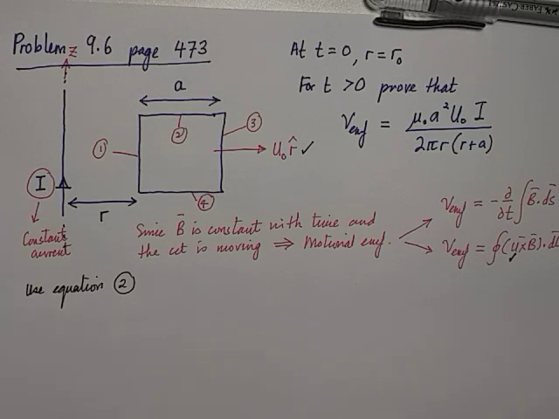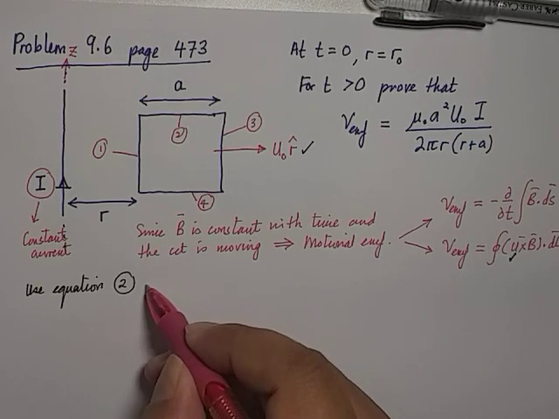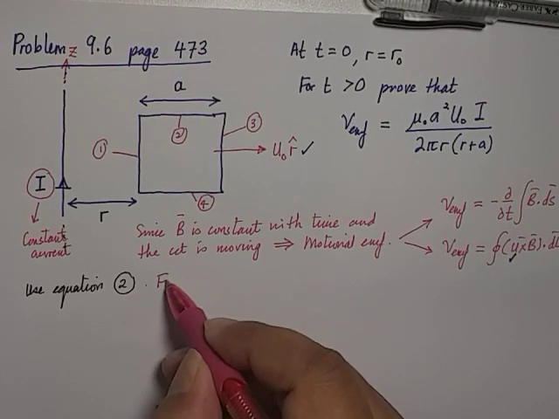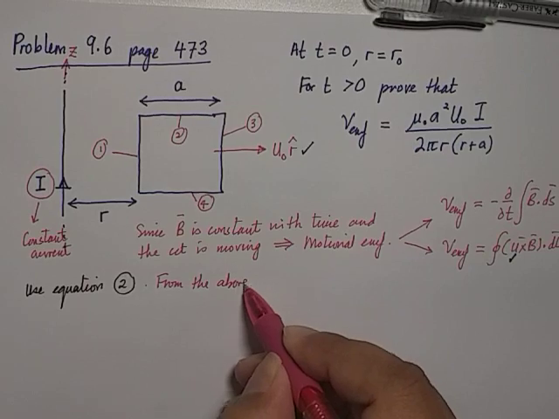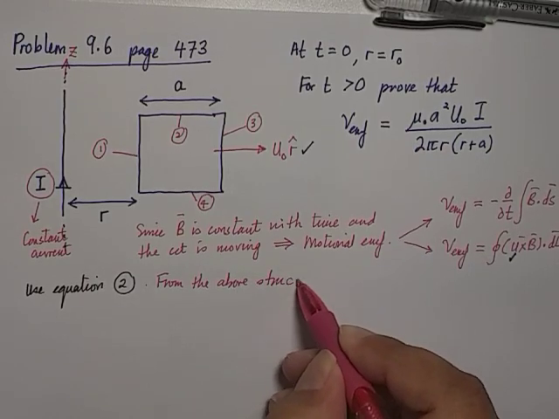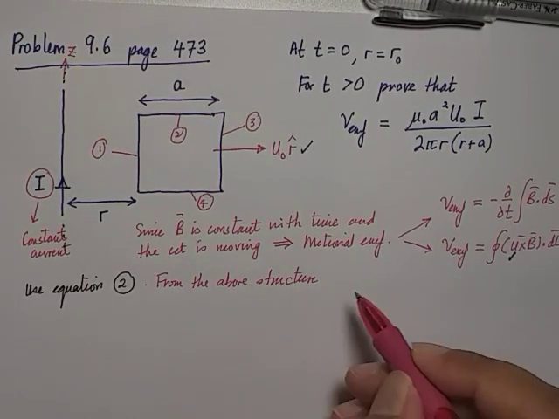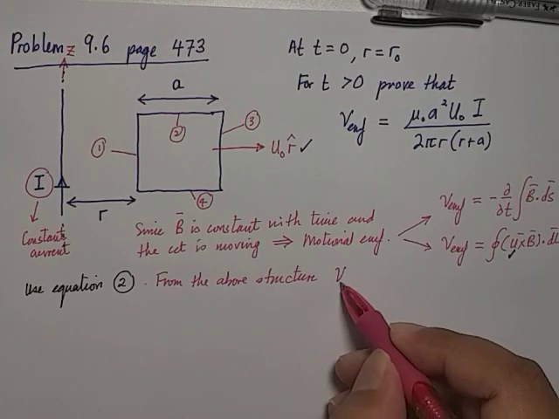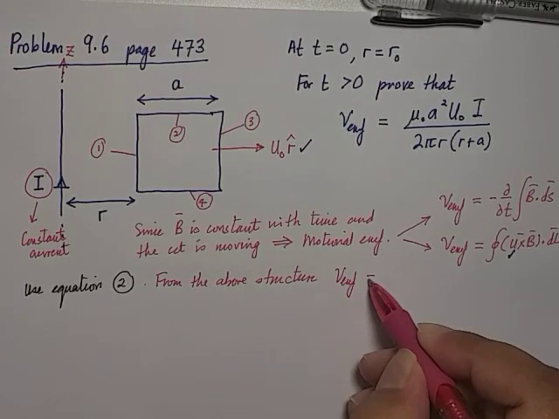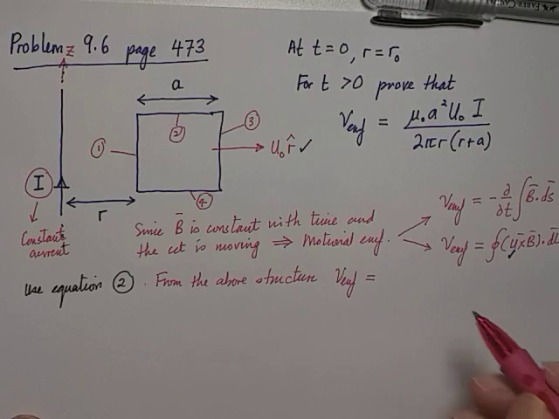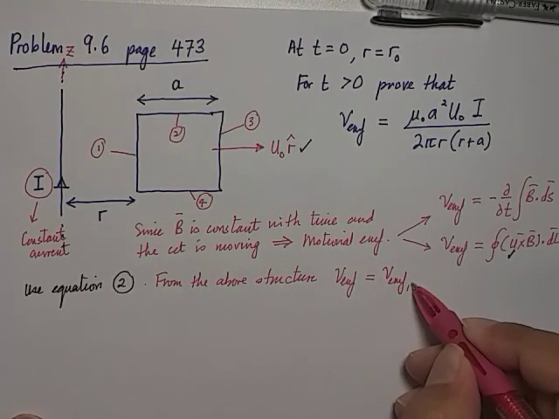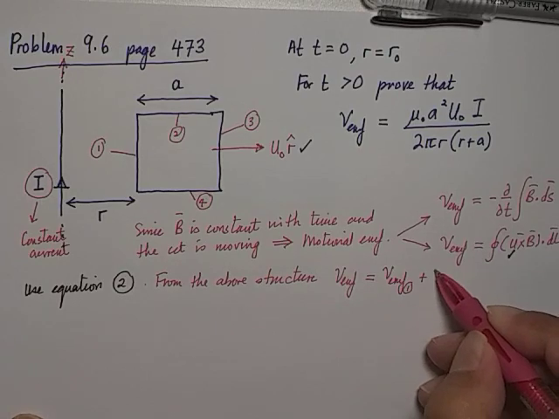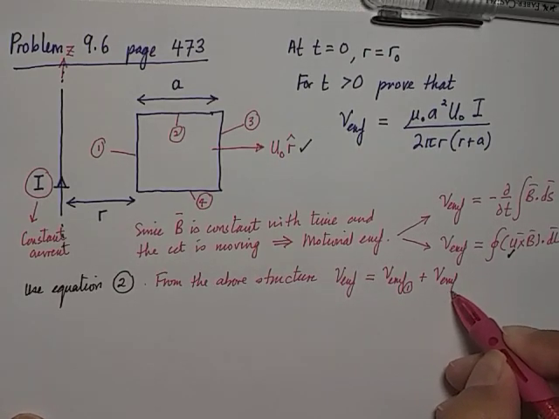From the above structure, we can state that the V_EMF we are going to calculate in this problem is equal to, yes, we're going to isolate each side as having its own induced EMF.